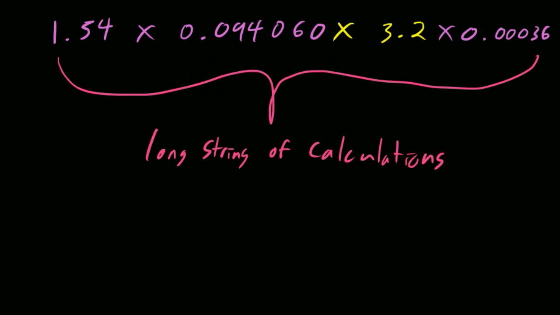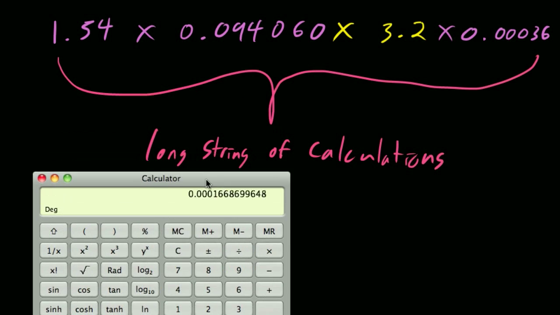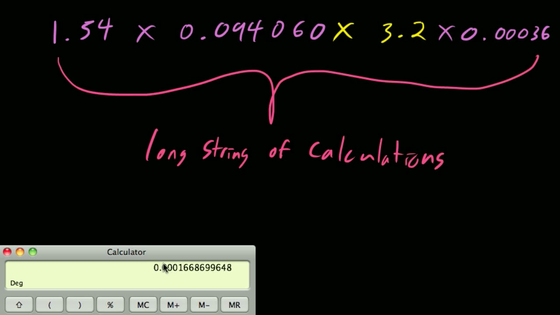So anyway, I'm going to go back and get the calculator out. Let's start from the beginning. We've got 1.54 times 0.09406 times 3.2 times 0.00036. Okay, and let's actually copy this down.